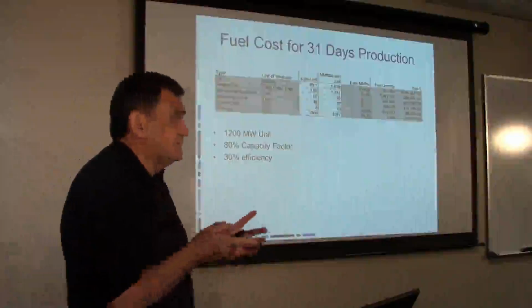And we see the amount of cost to run a generator is pretty significant. Natural gas, $28 million for a month. Uranium, $4 million. Lignite coal is $6.5 million.